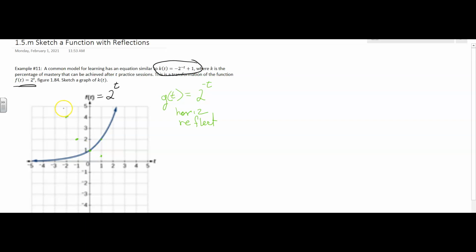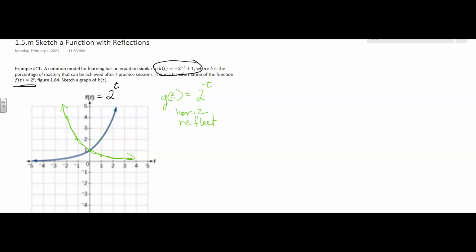Now you could make a table of values as well. All right, I'm going to draw this. It's supposed to be smooth. That's my unsteady hand drawing. Okay, that is a reflection about the y-axis. And you could plug in some numbers and get a table of values.